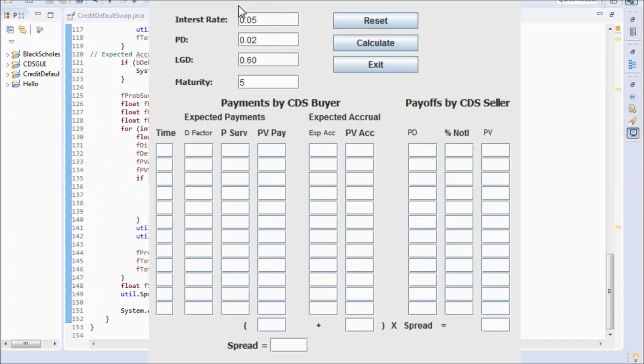That means they will not change over time. And first, let's assume the interest rate is 0.05, PD is 0.02, and the loss given default is 60%. And this bond will mature in 5 years.